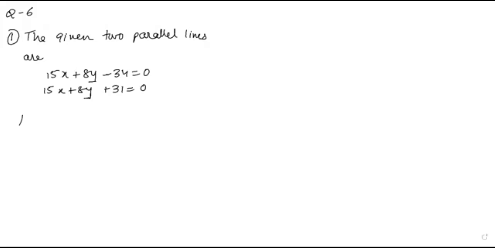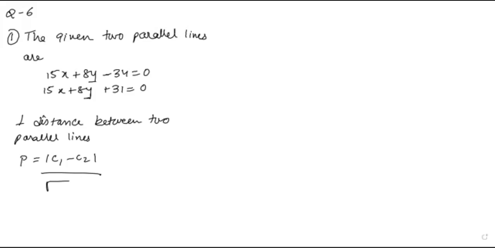Then for the perpendicular distance between two parallel lines, the formula is mod c1 minus c2 upon square root of a square plus b square. Here if I see, then my c1 is minus 34 minus c2. c2 is 31 upon square root of 15 whole square plus 8 whole square.